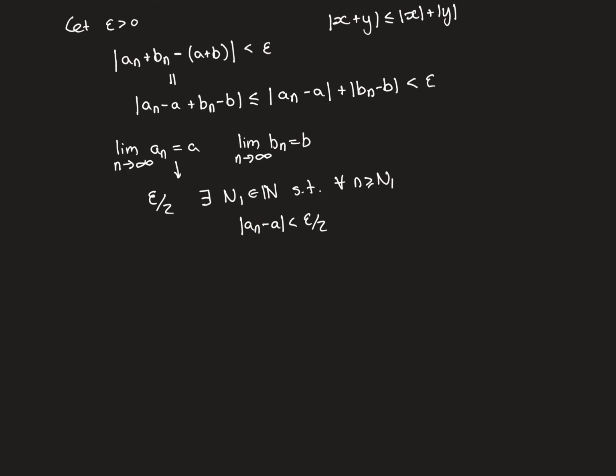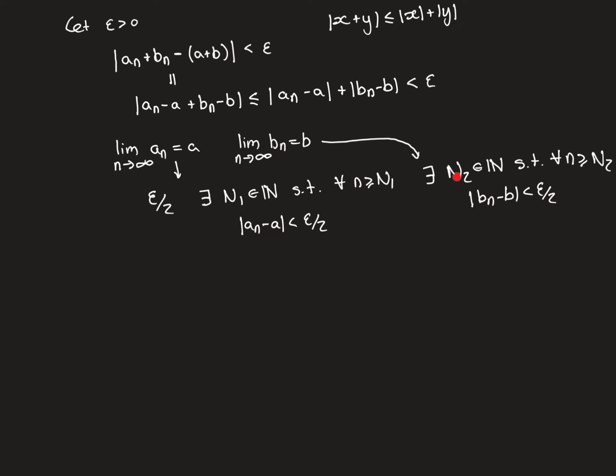Now I'm going to do the same thing for this sequence Bn, so there will exist, we'll call it big N2, because it's not necessarily the same as big N1. In fact, it's highly unlikely to be the same as big N1 in general. So there'll exist some big N2 such that for all little n greater than or equal to big N2, mod of Bn minus b is less than epsilon over 2.